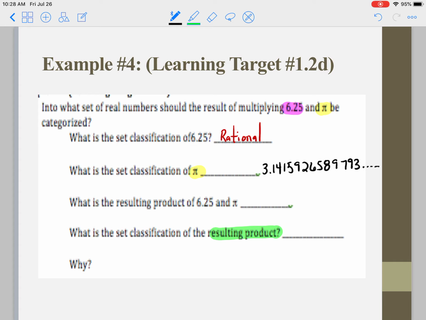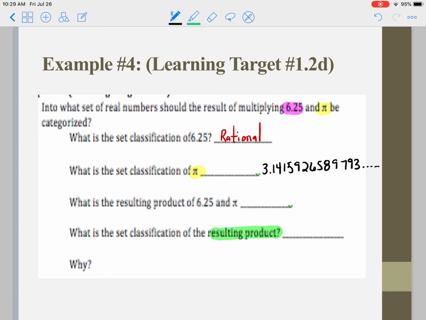I'm just going to stop there. Looking at the set classification, again, we can narrow our categories to either rational or irrational numbers. Rational numbers, once again, were either terminating or repeating decimals. Looking at pi, we know that it is not terminating.